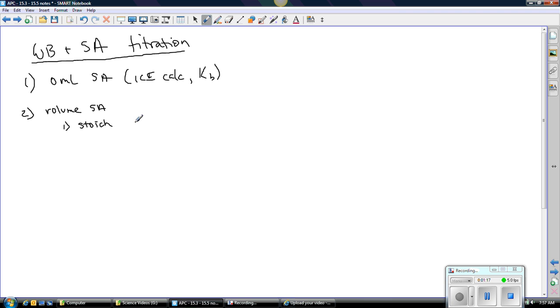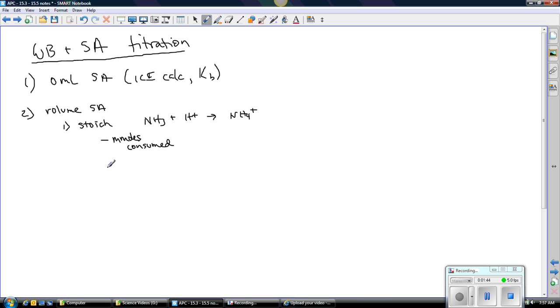In this example, ammonia is going to react with the hydrogen ions from HCl or nitric acid or whatever, and we're going to make ammonium ions. So we have to subtract the millimoles that get consumed, just like we did on all the other examples.